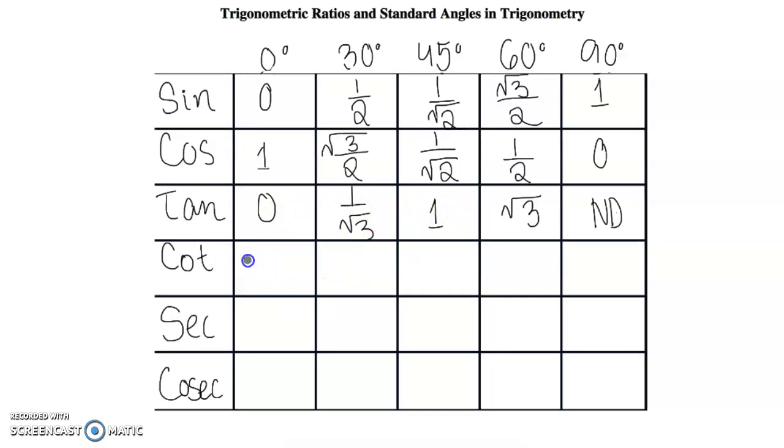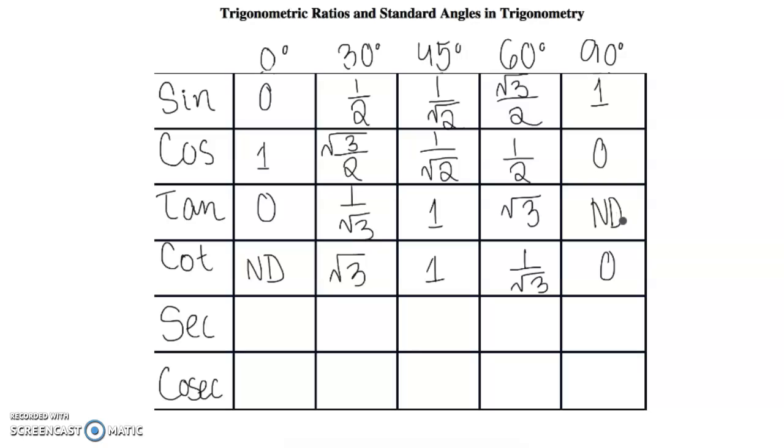So cot 0 theta is undefined, cot 30 theta is root 3, cot 45 theta is 1, cot 60 theta is 1 over root 3, and cot 90 theta is equal to 0.